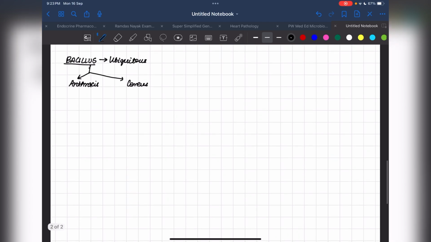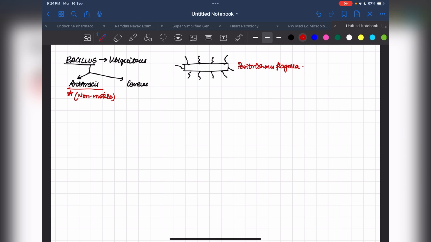Most Bacillus are motile, with peritrichous flagella like this. The only exception is Bacillus anthracis, which is non-motile, while all others are motile.